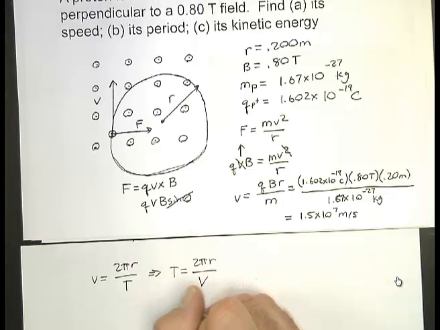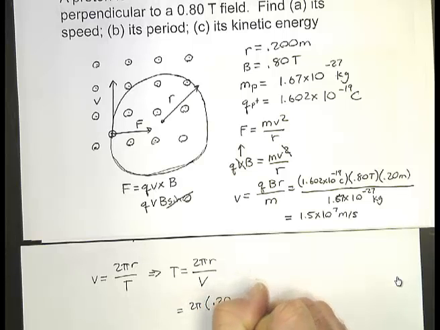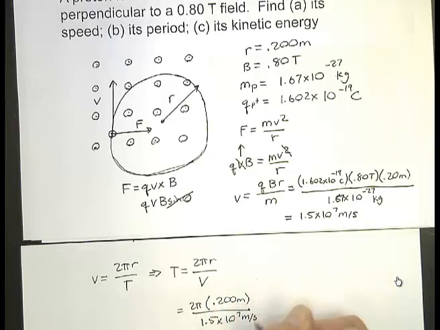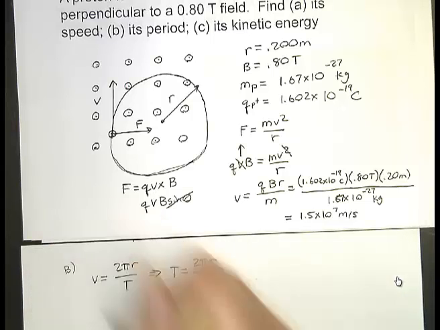And we know all that stuff. So punch in 2 pi times the radius of the orbit divided by this 1.5 times 10 to the 7. I would use the unrounded version when you punch it through, leave it in your calculator from before, and get 8.2 times 10 to the negative 8 seconds. That's part B, by the way.